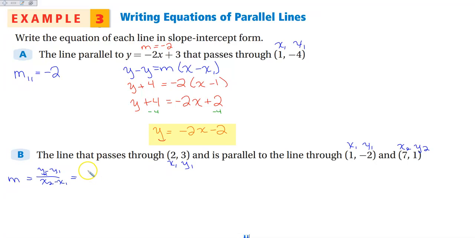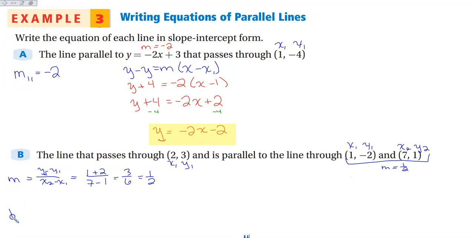Okay, so my y2 is 1 minus y1, which is a negative 2. So subtracting a negative again, that's like adding. And then x2, which is 7, minus x1, which is 1. So 1 plus 2 is 3. 7 minus 1 is 6. So I have a slope of 1/2. So my original line has a slope of 1/2.